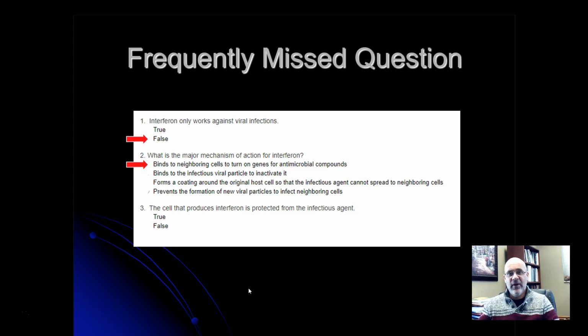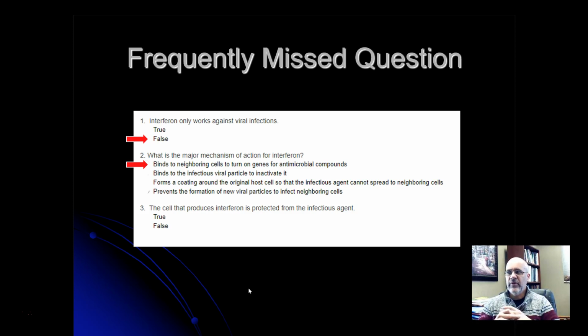They release the interferons, they secrete them, they go out, they attach to receptors on neighboring cells, kind of like a hormone attaching to a hormone receptor, and then that triggers the neighboring cell to activate genes for antimicrobial proteins, which they really should have said proteins instead of compounds there in that particular question. That would have been better. Those antiviral proteins prevent the cell from doing translation. So if the virus comes in, it can't make its proteins because translation has been temporarily shut down. So that's a way of protecting neighboring cells from a viral infection.